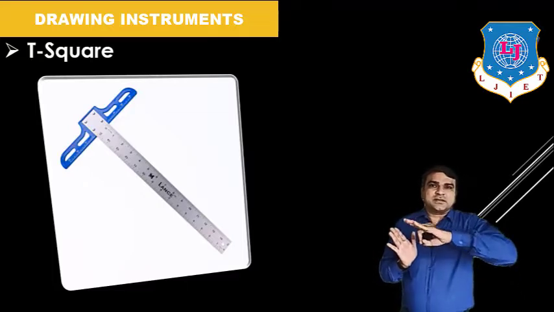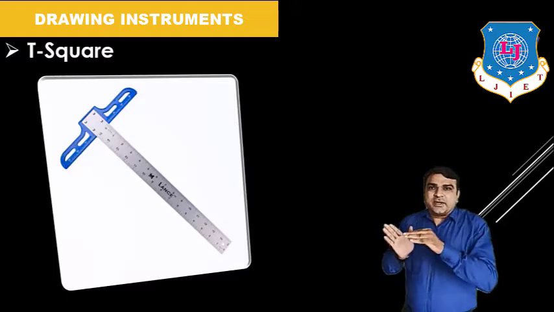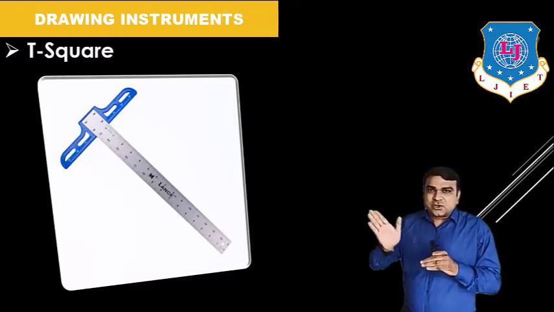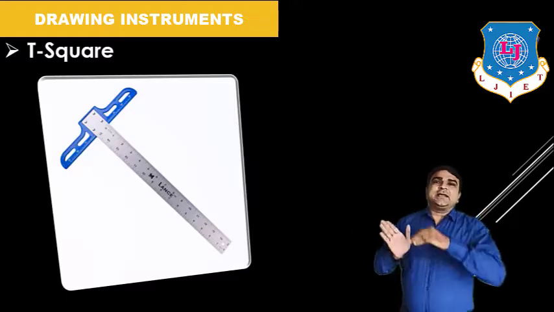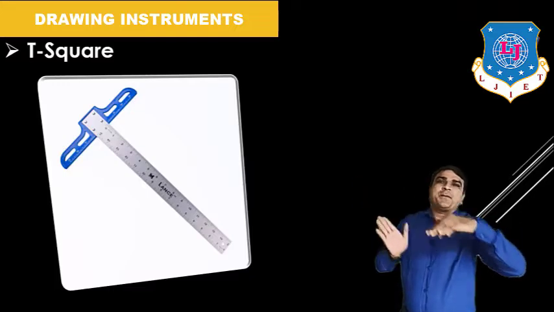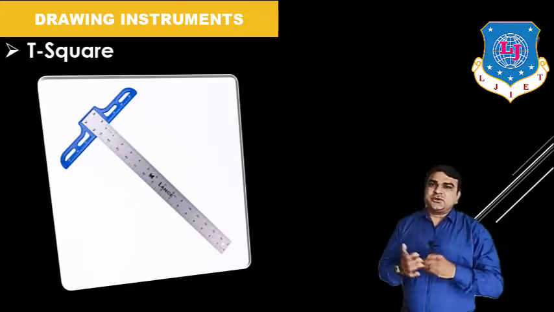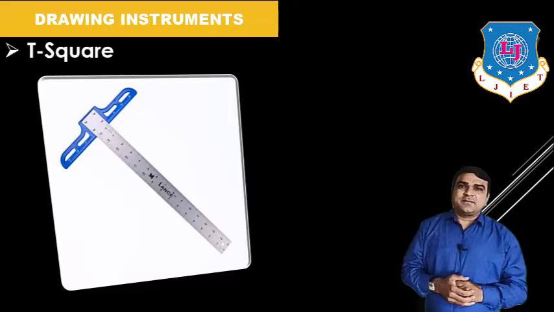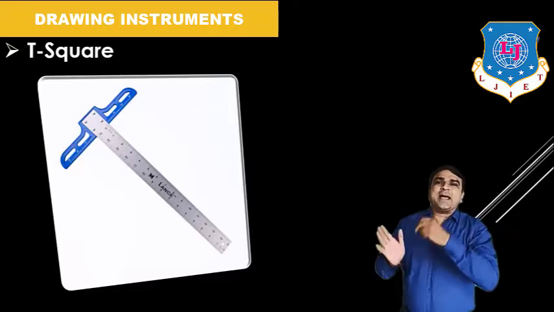It is always on the surface of the paper. When you slide the stock on the working edge, the blade also moves parallel on the sheet. So with the use of T-square, you can draw horizontal parallel lines.